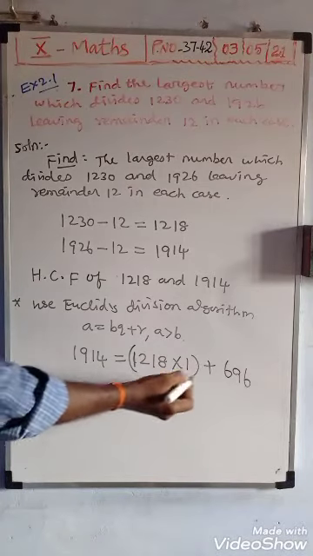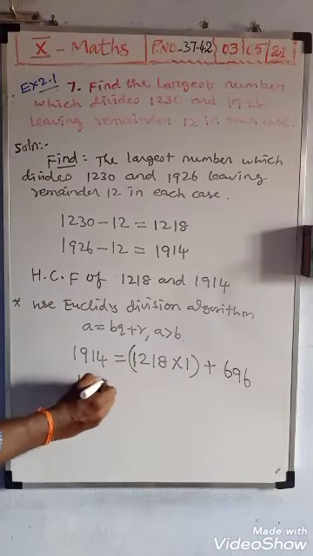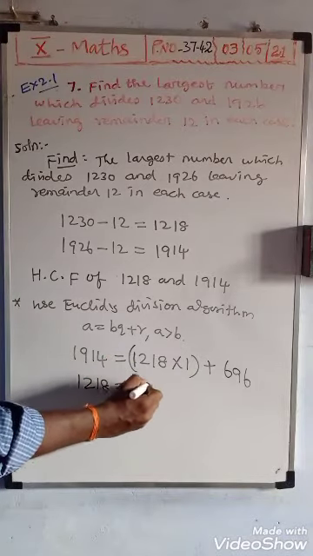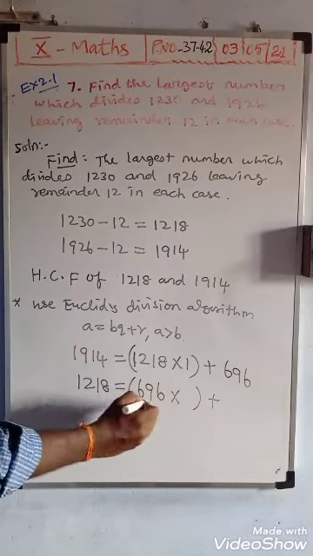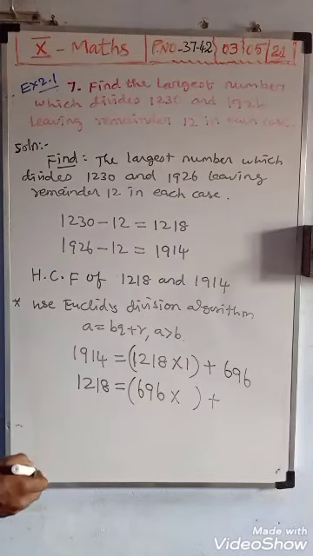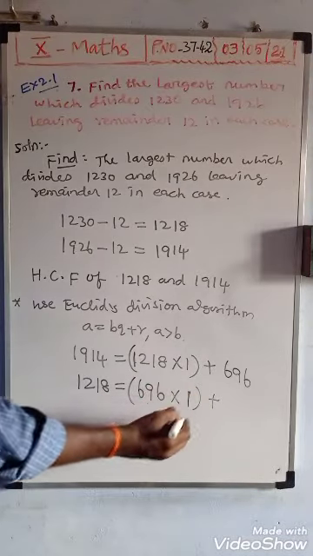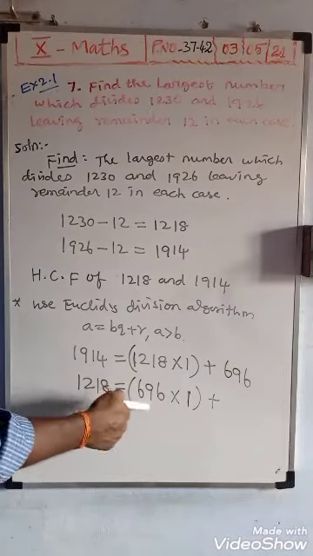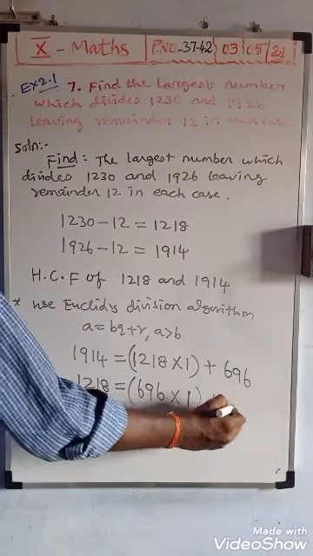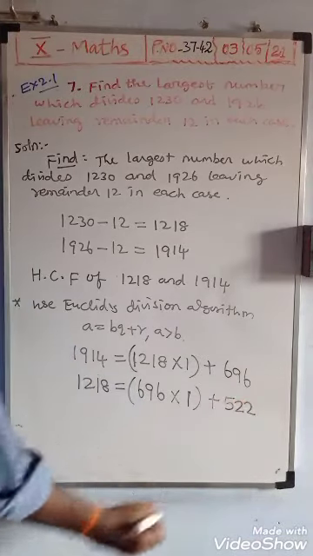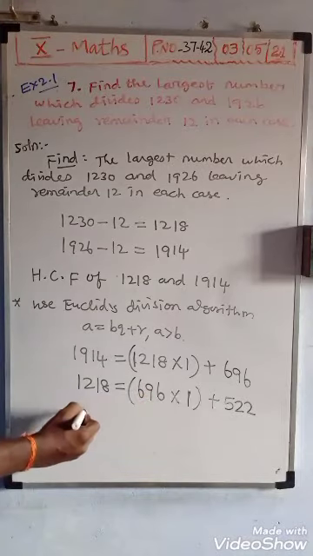Next, the remainder is not 0, therefore you divide 1218 by 696. Only one time is possible. You divide, then subtract, and we receive the remainder 522. Again the remainder is not 0.